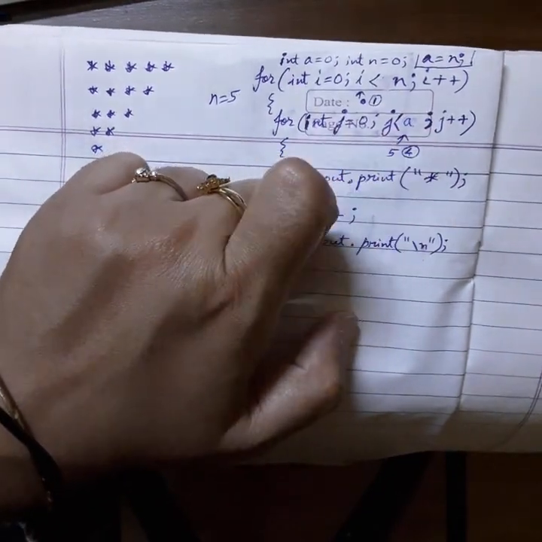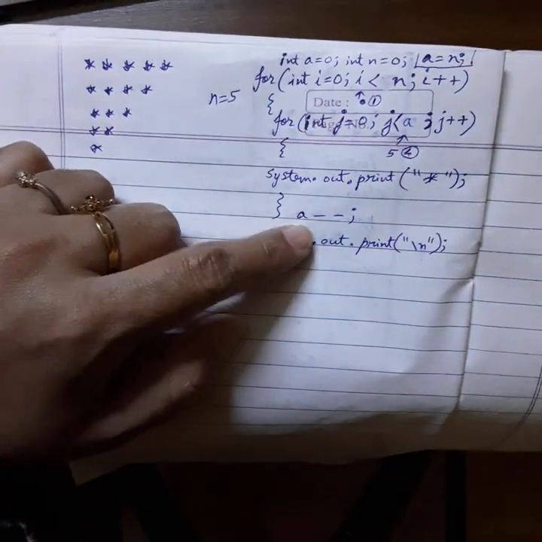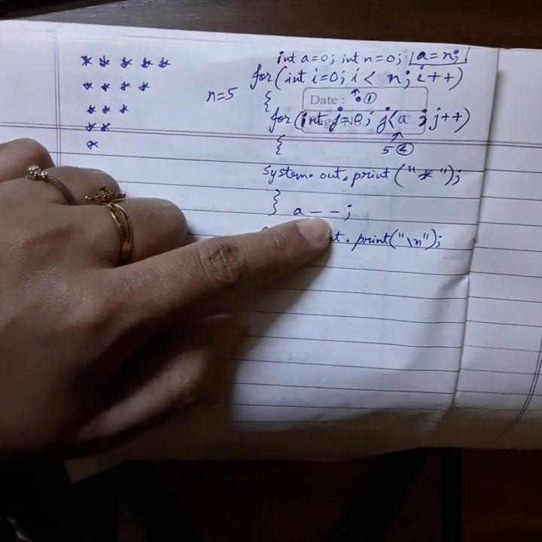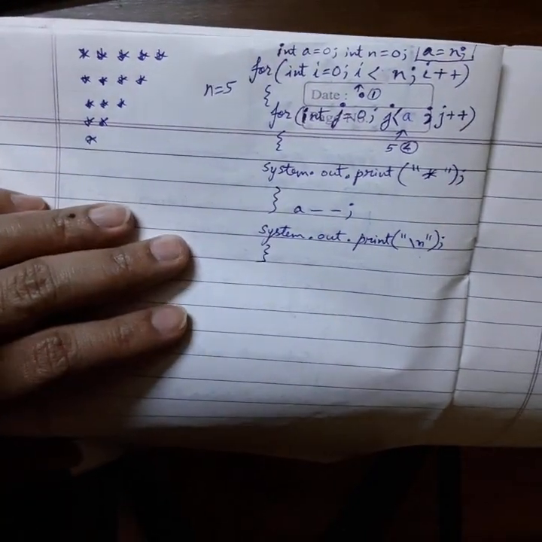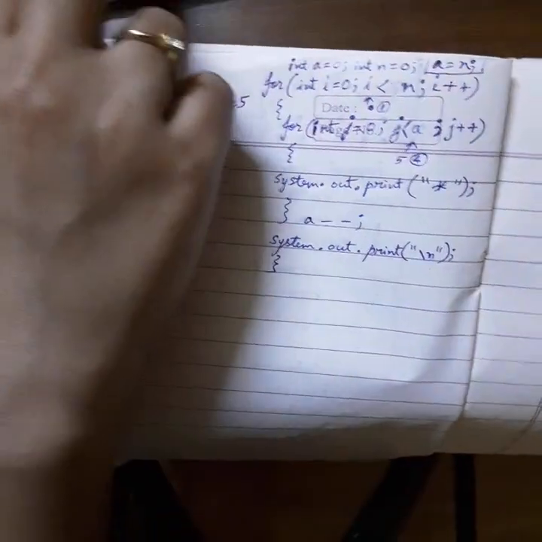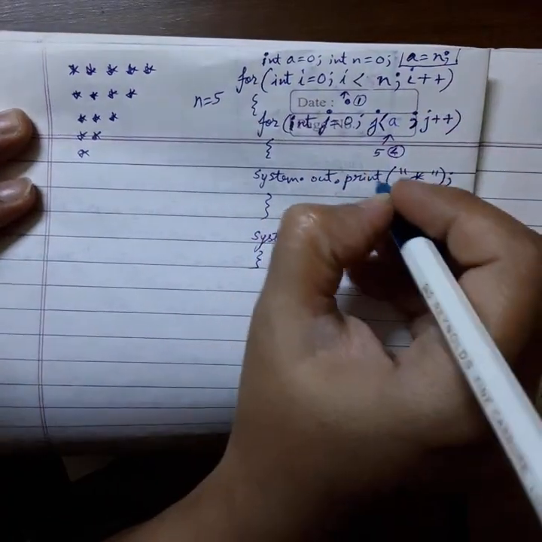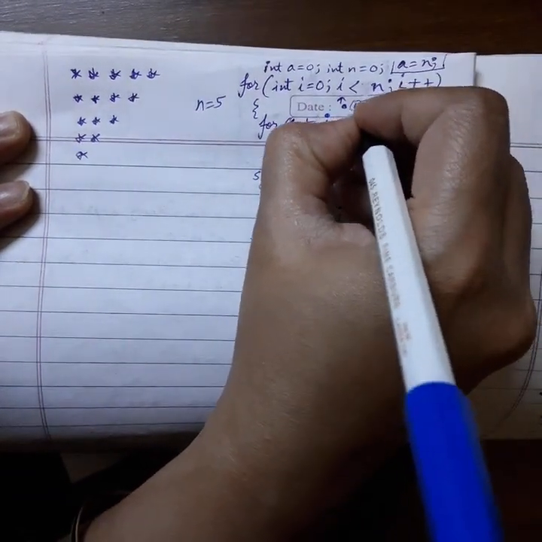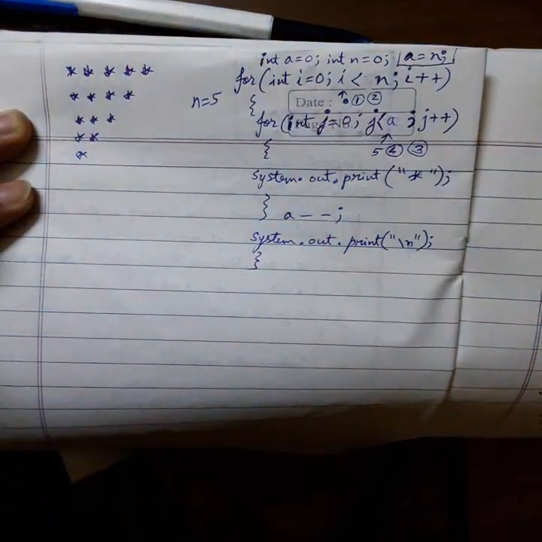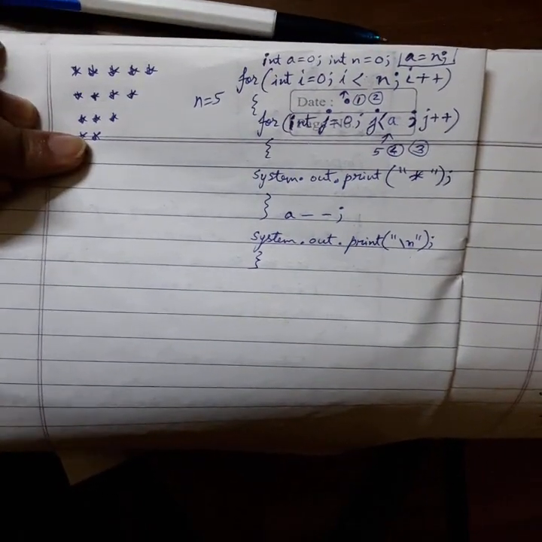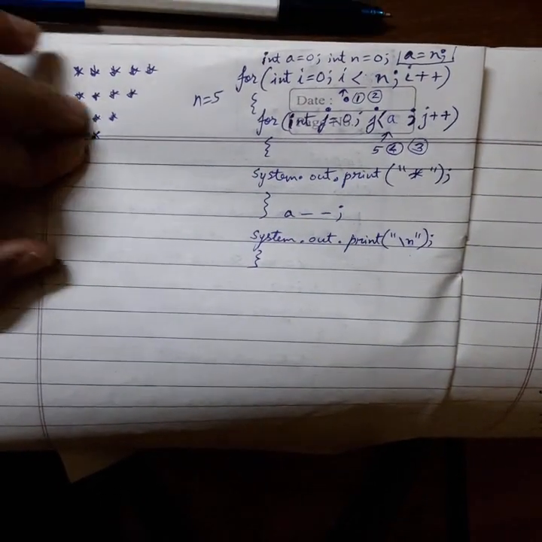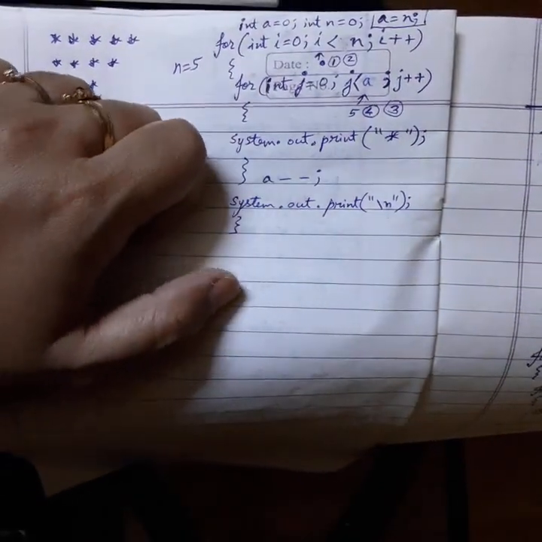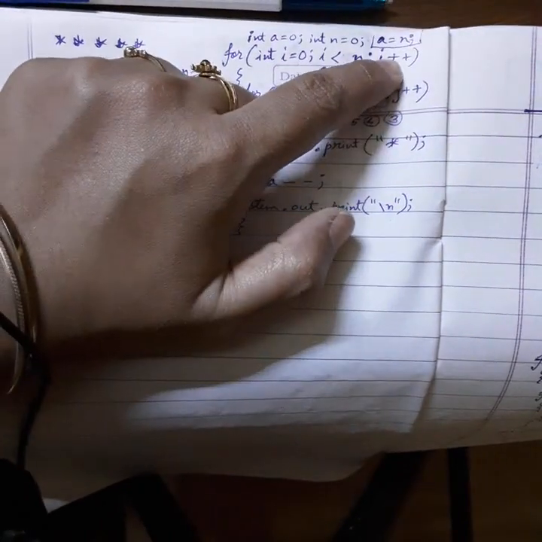Now J is incremented to 4. 4 is not less than 4, so it breaks out, and A is decremented by 1 yet again, and A is now 3. I is now 2. I is incremented here to 2.